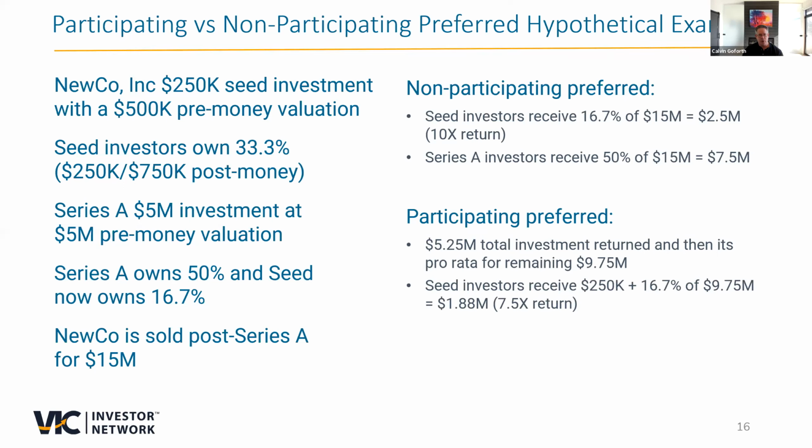So the seed investors are going to receive $250,000 plus 16.7% of the $9.75 million, which equals $1.88 million, which, as you can see, is less than they would have received in the case of non-participating preferred. Conversely, the Series A investors will do better. They'll receive $5 million plus 50% of the $9.75 million, so they'll get $9.88 million instead of $7.5 million.